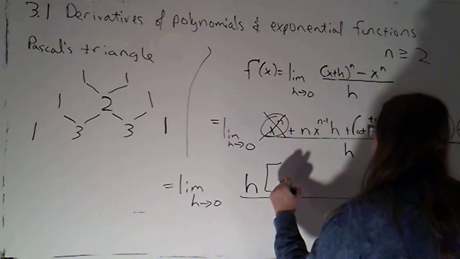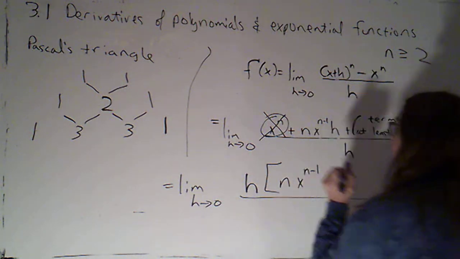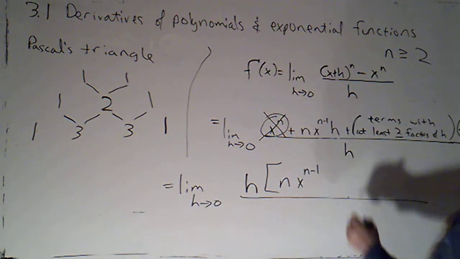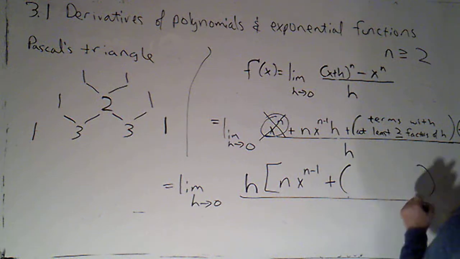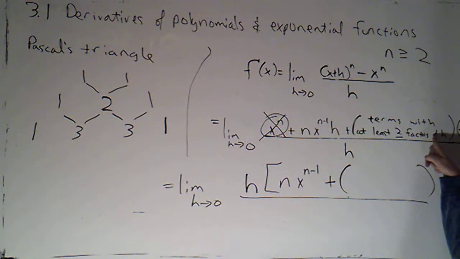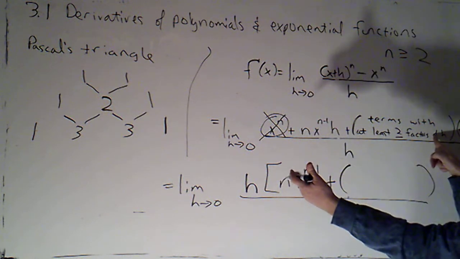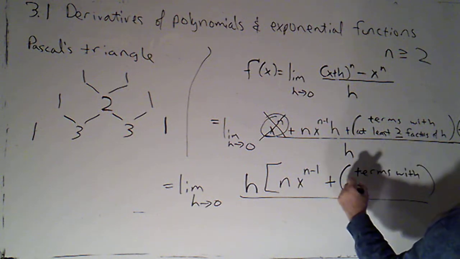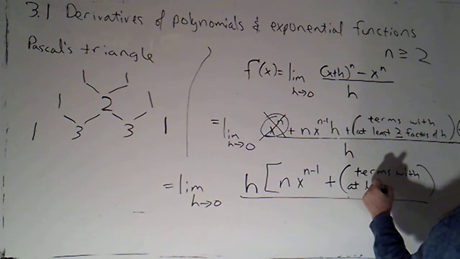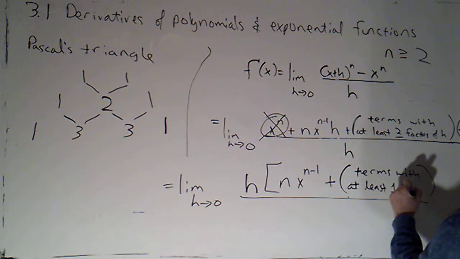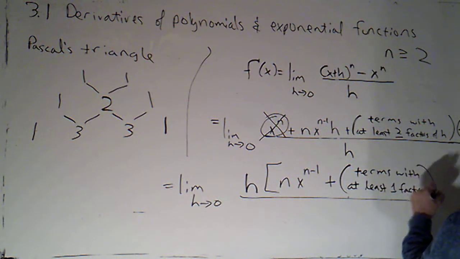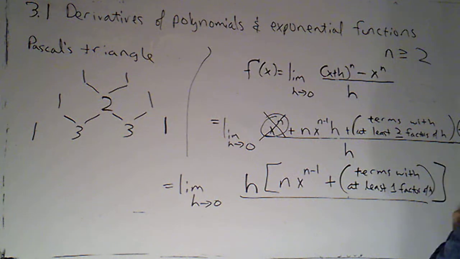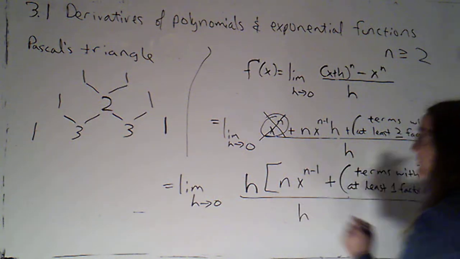What's left is n times x to the n minus 1 plus, now here these guys had at least two factors of h. If I factor one of them out, I've got terms with at least one factor of h. And then this is all over h.